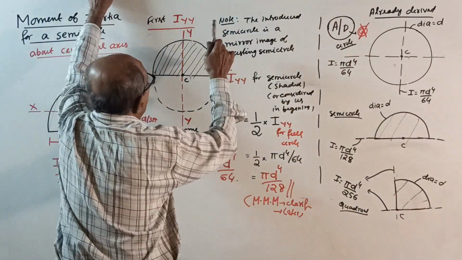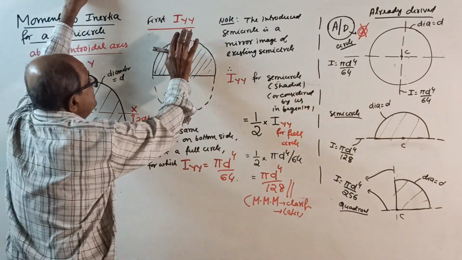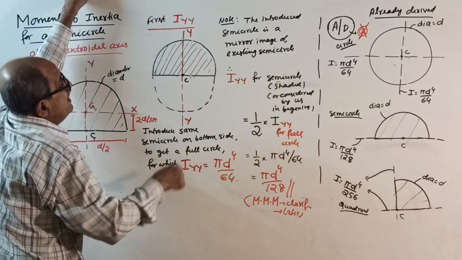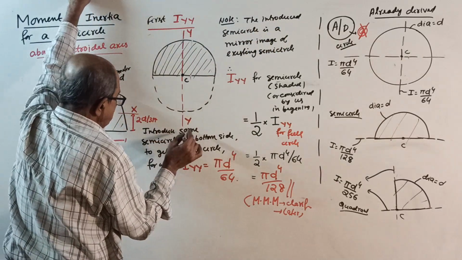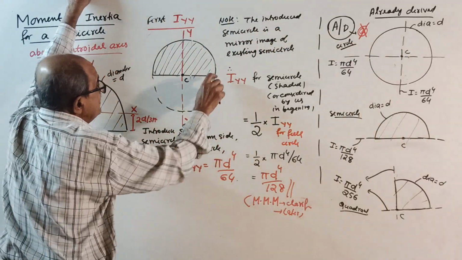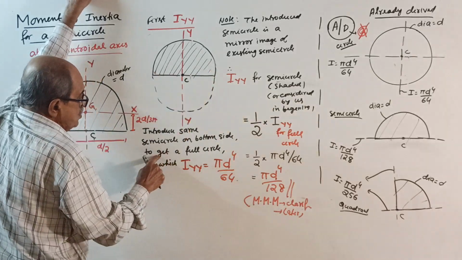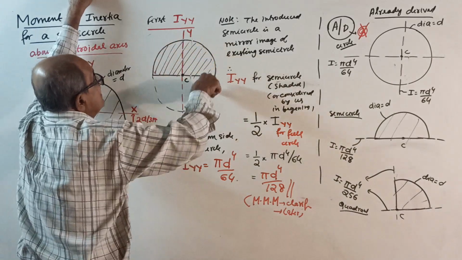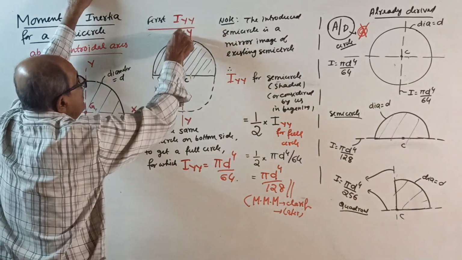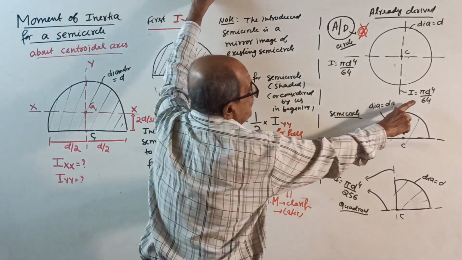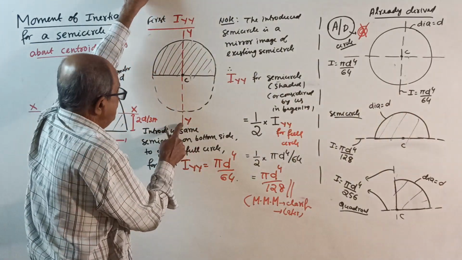Now, our purpose is I about yy for the shaded portion. Yy is here. Introduce the same semicircle on the bottom side, as per my sketch, to get a full circle, for which Iyy equals pi d power 4 by 64, about this axis.